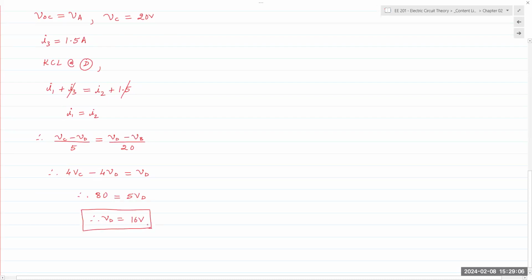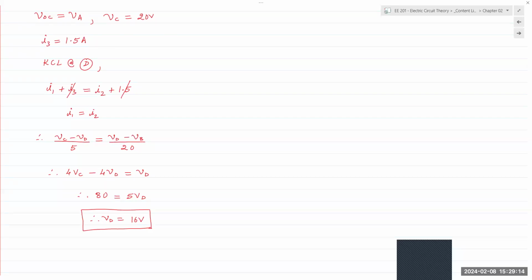VD equals 16 volts. Now that I have the node voltage at node D, I can write an expression for I3. I'll plug in the values for the current I3 and then find the node voltage for VA.